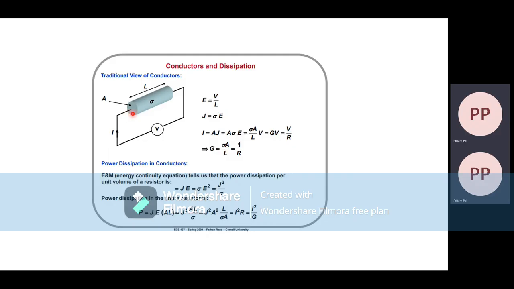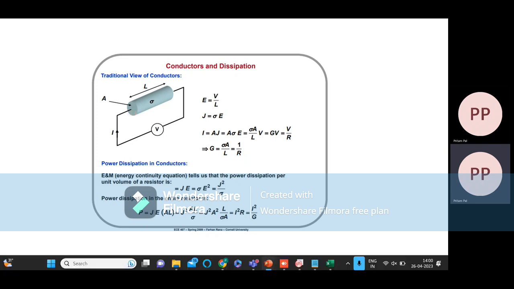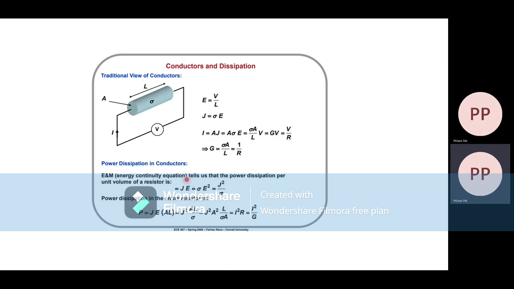So the power dissipation in the conductor: the energy continuity equation tells us the power dissipation per unit volume of resistor is J times E. If we replace the value of E by J by sigma, then it will become J square by sigma.